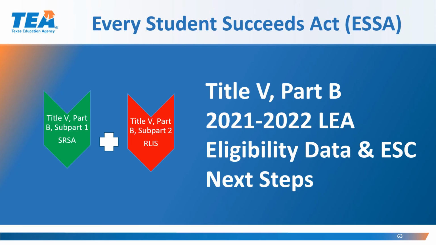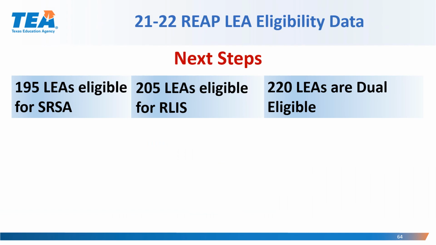Title V, Part B, 2021-2022, LEA eligibility data and ESSA next steps. At this point, we will look at some of the data regarding the 2021-2022 REAP LEA eligibility data and some of the next steps that districts must follow.